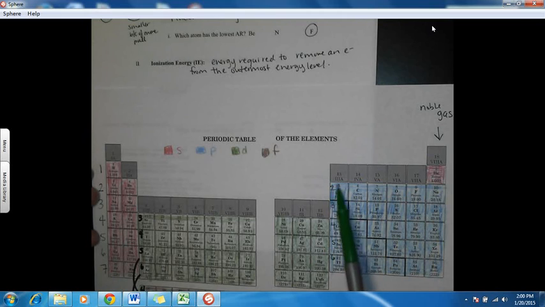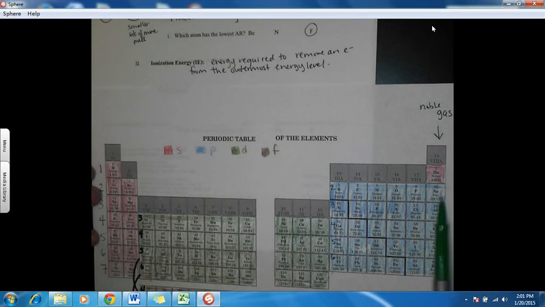It would require a little more energy than lithium or beryllium because again, it wants to get over here, okay? But there's 3 electrons to remove, so it takes a little more energy. Right? Once we get here to carbon, it can go either way. It can lose 4 or it can gain 4. Okay? So its ionization energy is going to go a little higher.